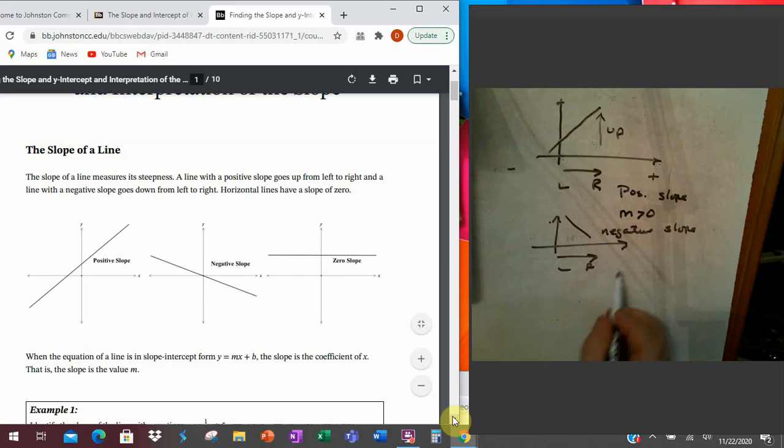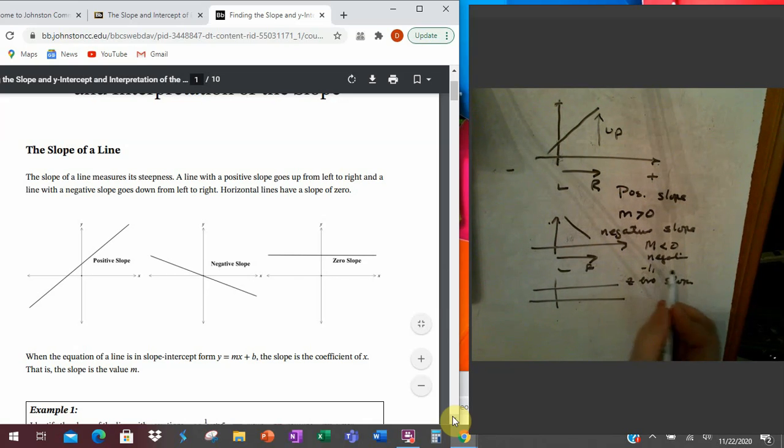And then sometimes we have this thing called a zero slope. Here m would be less than 0, negative numbers, like -1, -3. Here would be +2, +7, things like that.